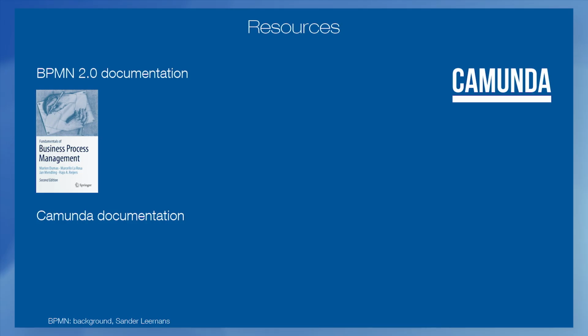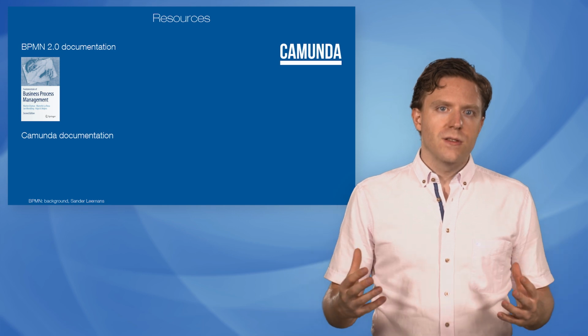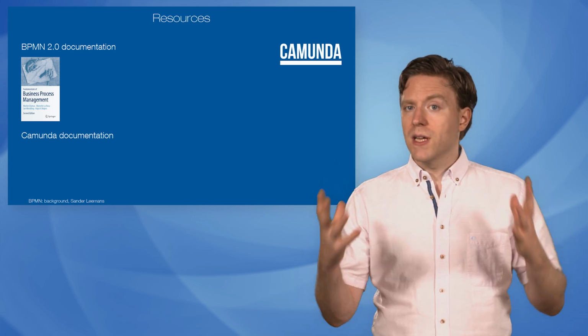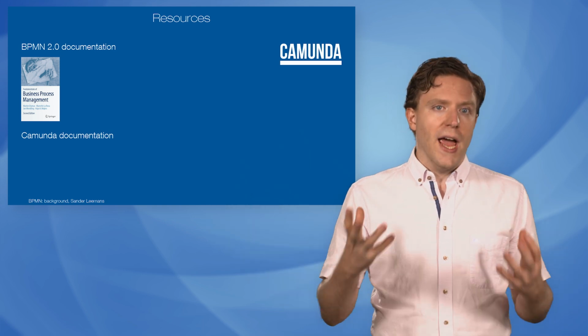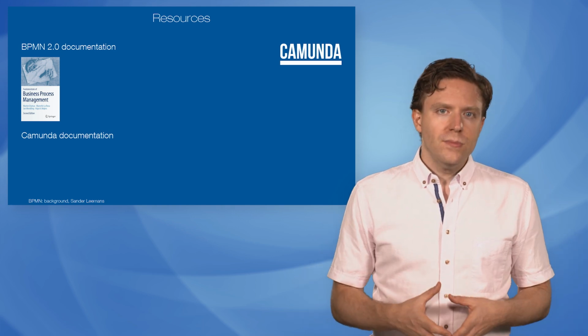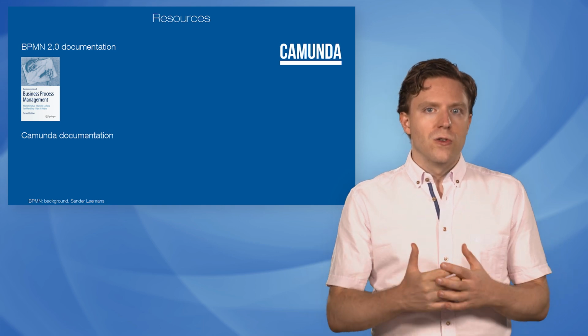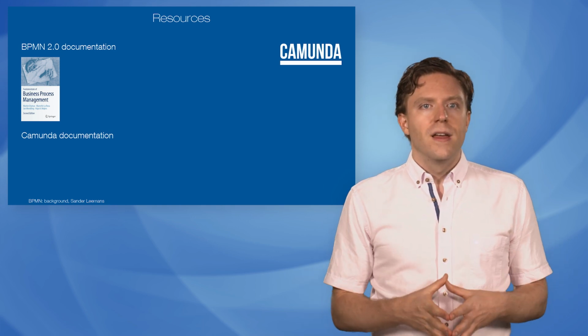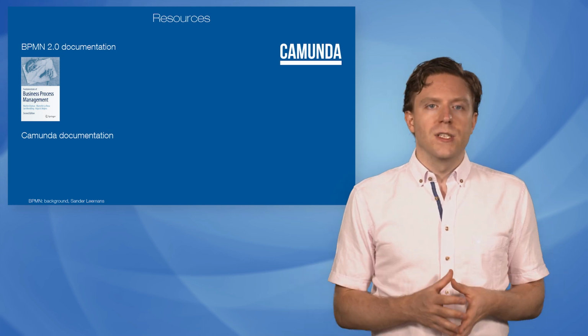If you want to know more about BPMN, then the first place to look is in the documentation. The BPMN 2.0 standard is a public standard. You can go online, just Google it, and you will find the actual standard where everything is defined. Notice that this is a 500-page document, however, so several resources exist that help you and explain the elements in a bit more detail.